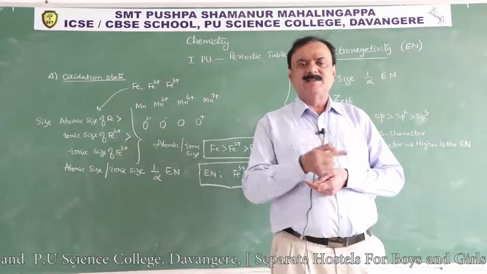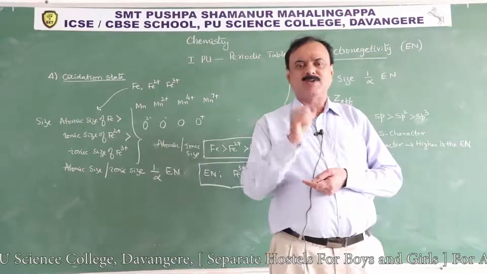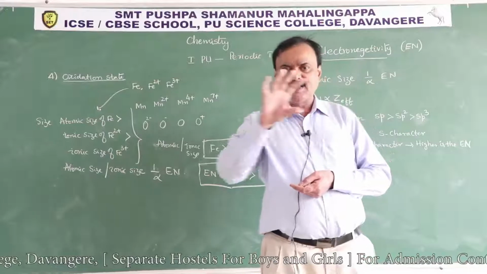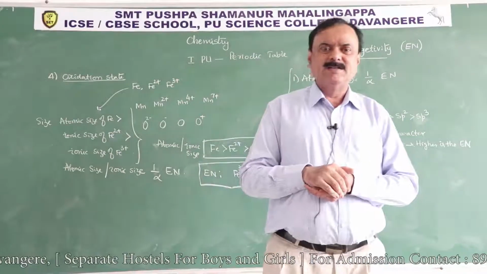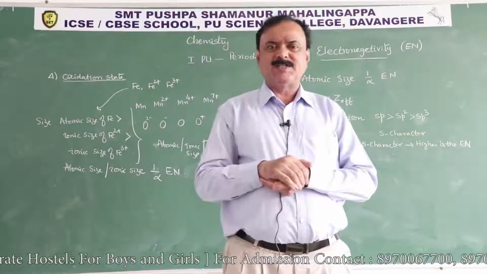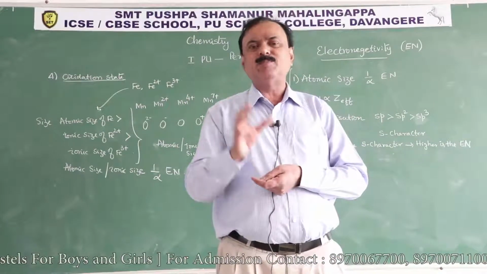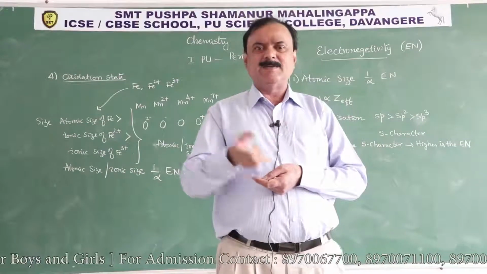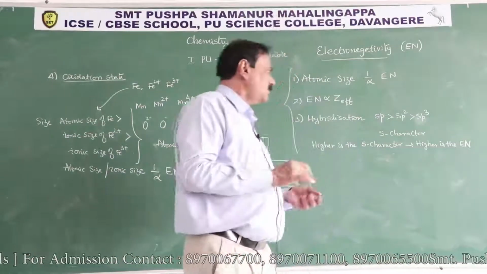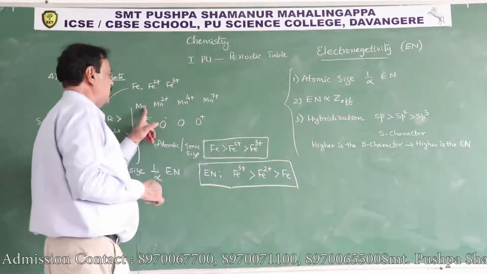Such ions are more electronegative in nature. Keep it in your mind. If any cation of the same element possesses a higher positive charge, it has a smaller ionic size and will be the more electronegative species. Is it clear?